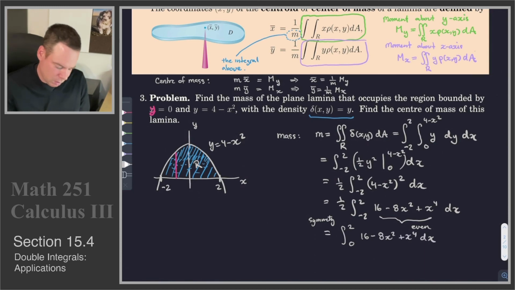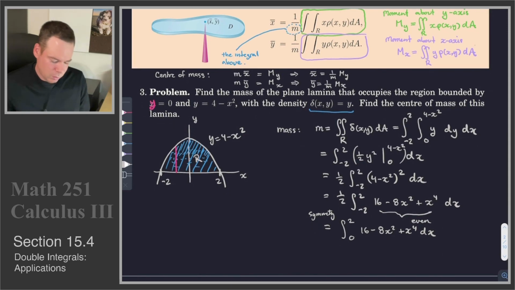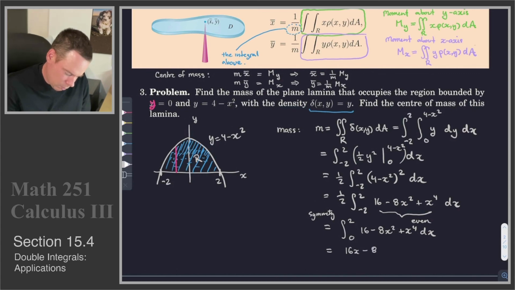You don't have to make this observation, but it's nice because when I go to work out the integral, one of my endpoints is 0, and that's always nice to use when you work things out. So this becomes 16x minus 8/3 x cubed plus 1/5 x to the 5th, from 0 to 2.